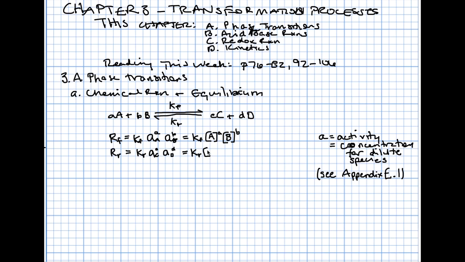So we now have that the reverse reaction rate is equal to K sub R times the molar concentration of C raised to the C power times the molar concentration of D raised to the D power.